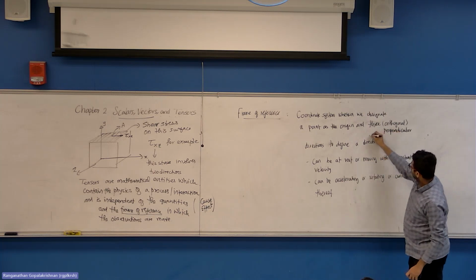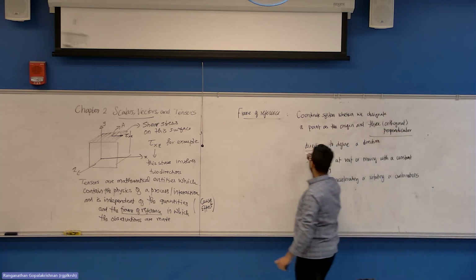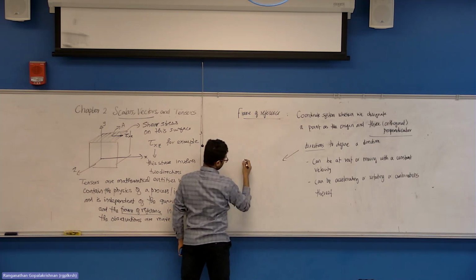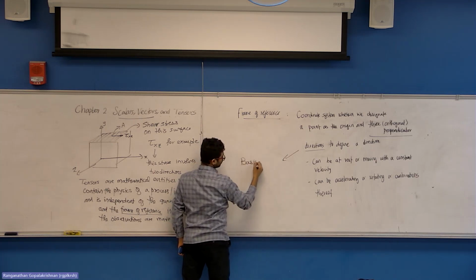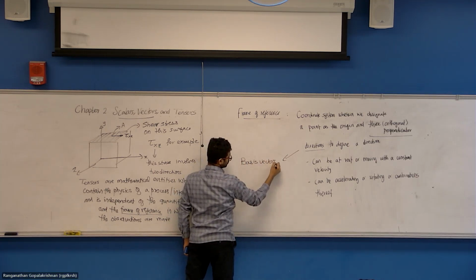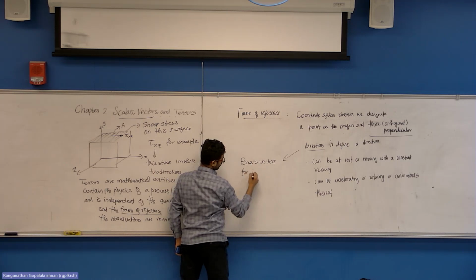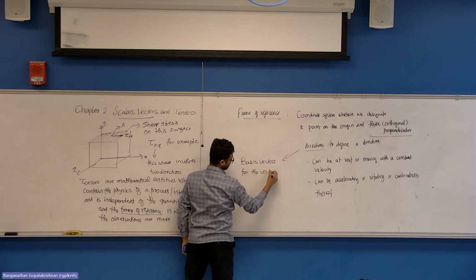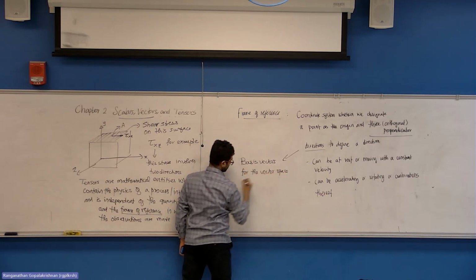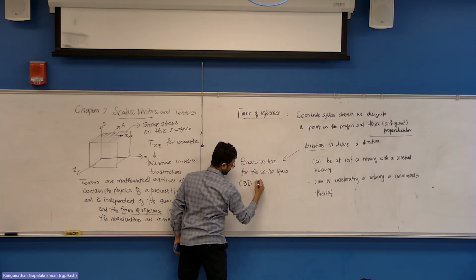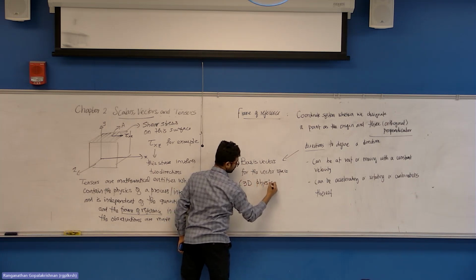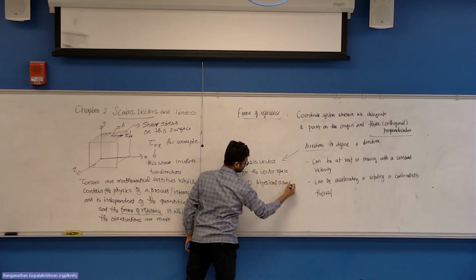Basically, you have three perpendicular directions, right? In mathematical language, these are called basis vectors for the vector space, which in this case is three-dimensional physical space for us.